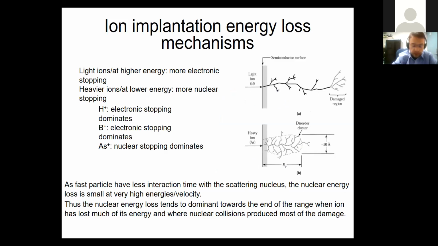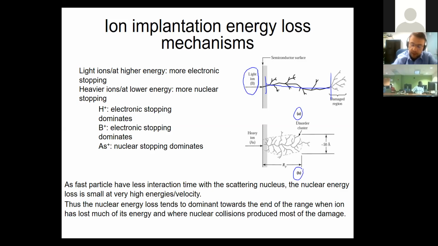So we're now observing two situations, A and B. In the A case, the ion that's emerging into the silicon crystal has covered a long trajectory. The reason is it's a light ion. So a light ion and a heavy ion are compared. Let's say that they initially have the same non-relativistic energy.